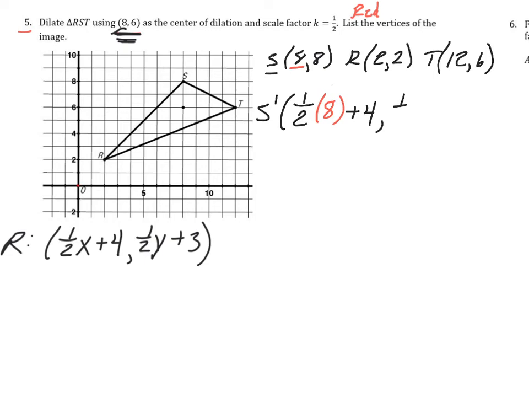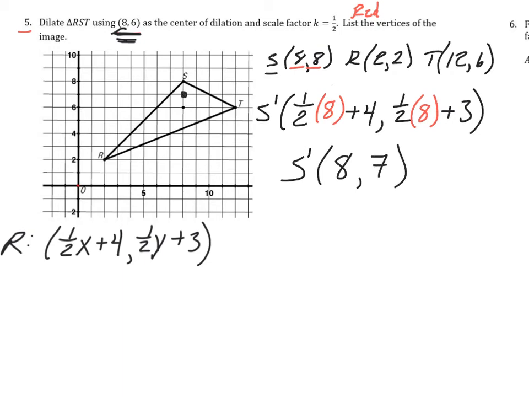And then we have 1/2 y, and then my y coordinate is also 8, plus 3. So lastly, to figure out where S prime is, I'm just going to simplify that. Looks like we're going to end up with 4 plus 4, which is going to give me 8, and 4 plus 3, which is going to give me 7.